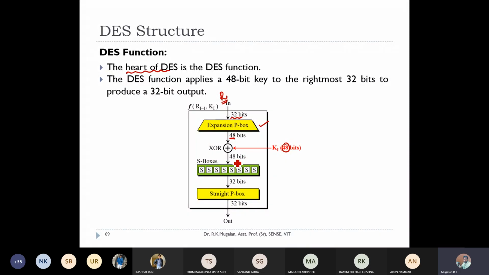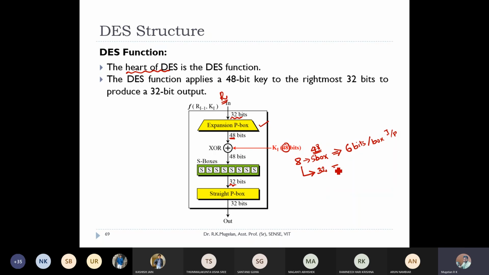And these 48 bits are given to 8 S-boxes. So totally 8 S-boxes are there. If I divide the 48 bits among 8 S-boxes, I'll get 6 bits per box as input. But it should produce only 32 bits as output.